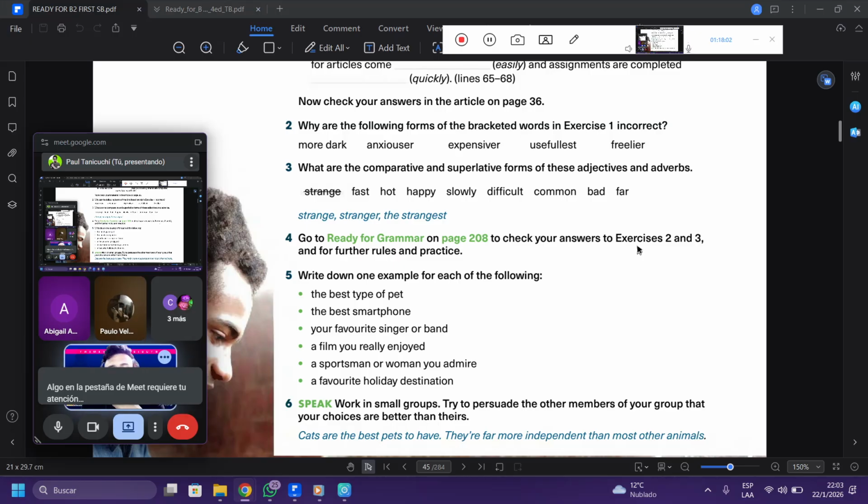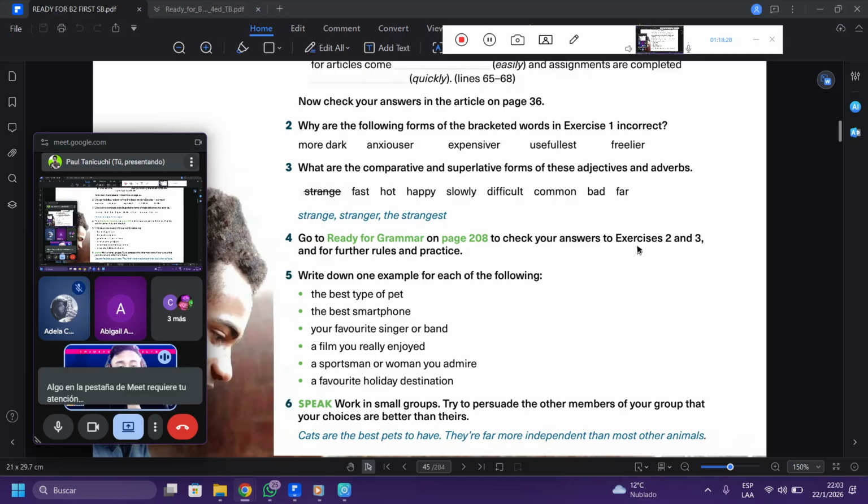Hot: hotter and the hottest. Happy: happier, the happiest. Slowly. This is an adverb: more slowly and the most slowly. Okay, remember: specifically only with adverbs, we always use more and the most.